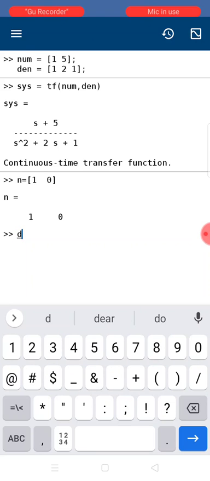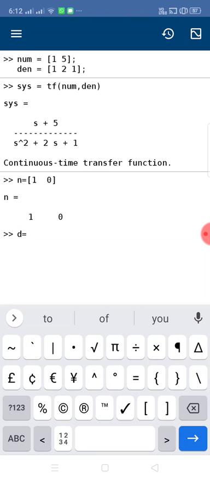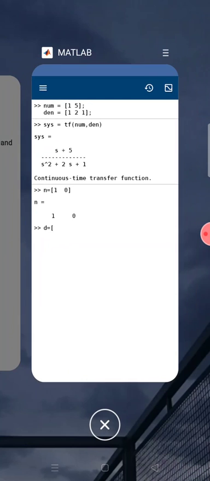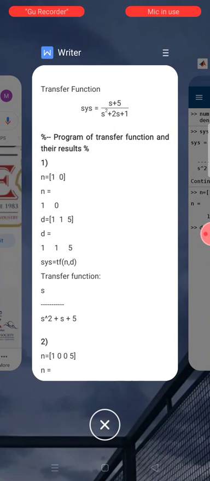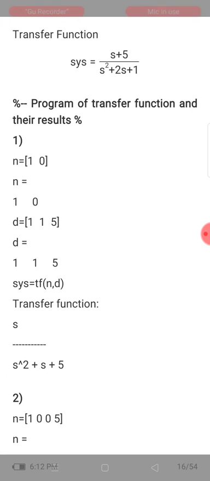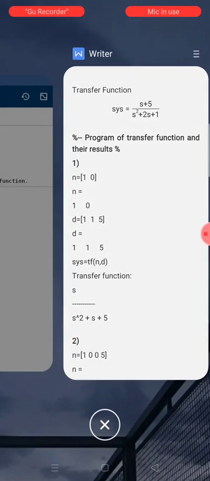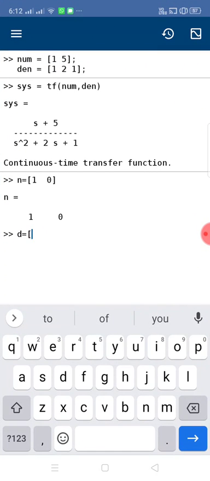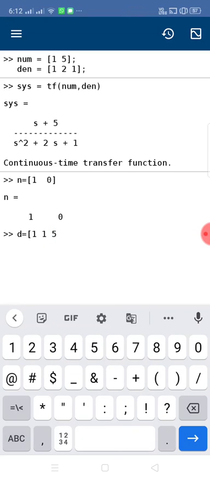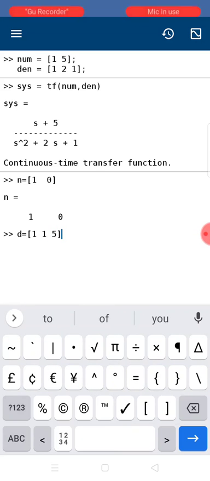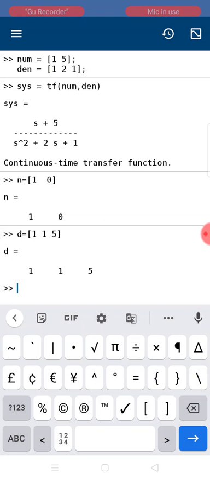Now write the coefficient of denominator. D is equal to, let's see what we are using, [1 1 5]. So I am writing here 1 space 1 space 5, close by square bracket. So now here the coefficient of polynomial of denominator is written.